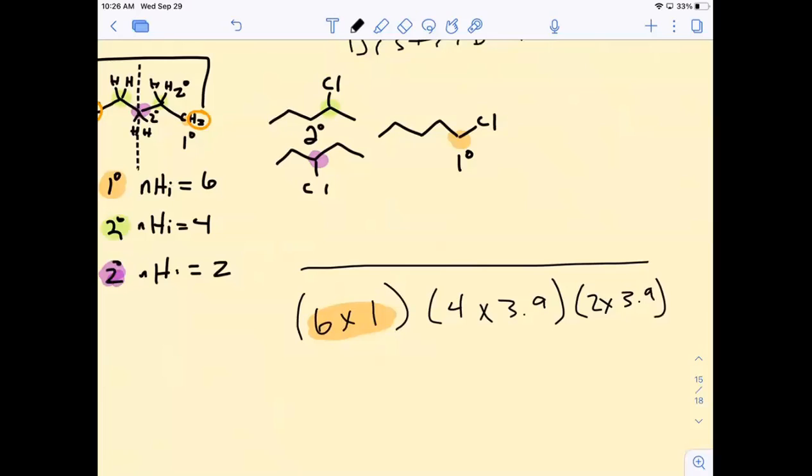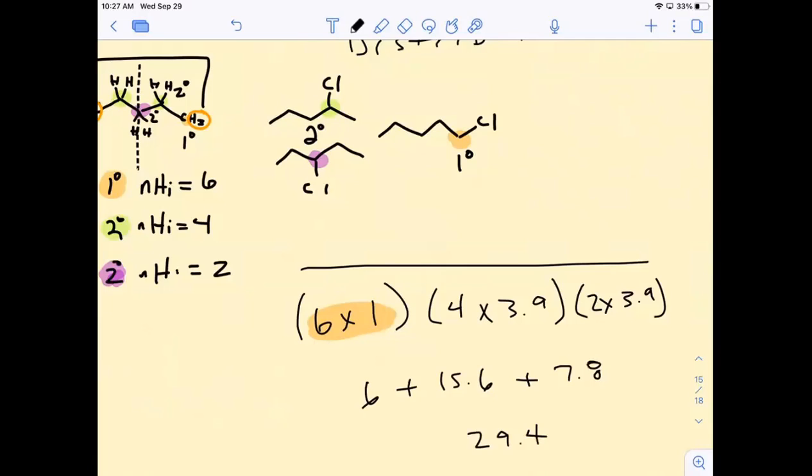So that's 6, that's 15.6, and that is 7.8. That's going to be 21.6, and it's 29.4.